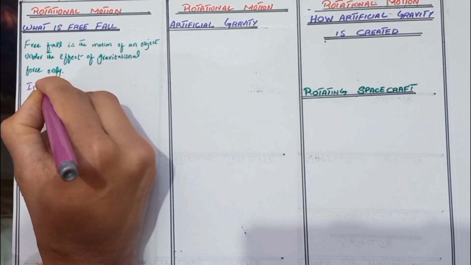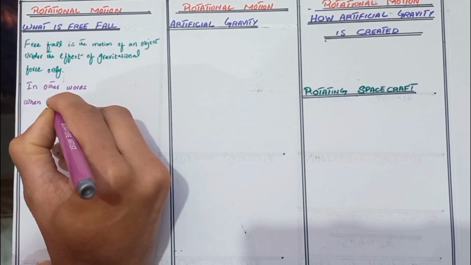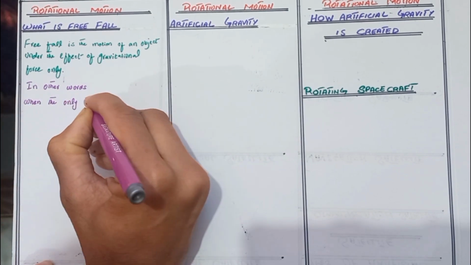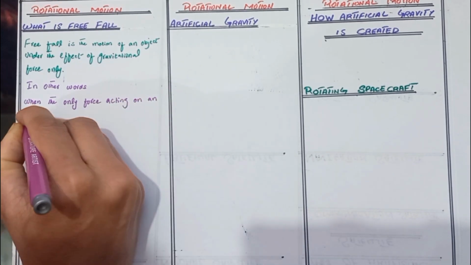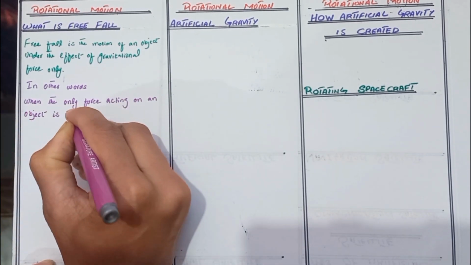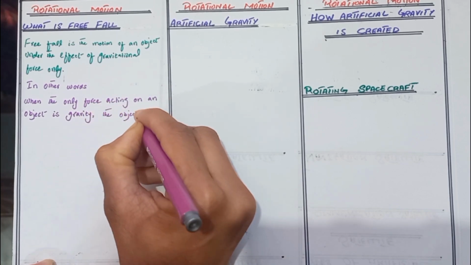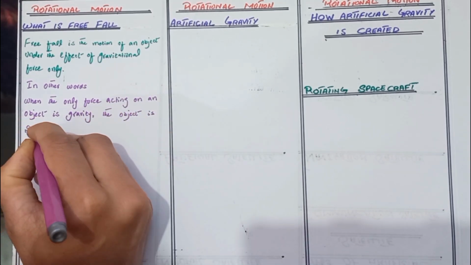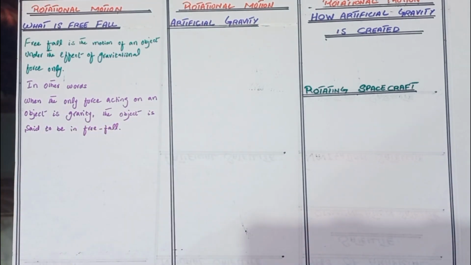In other words, when the only force acting on an object is gravity, the object is said to be in free fall.